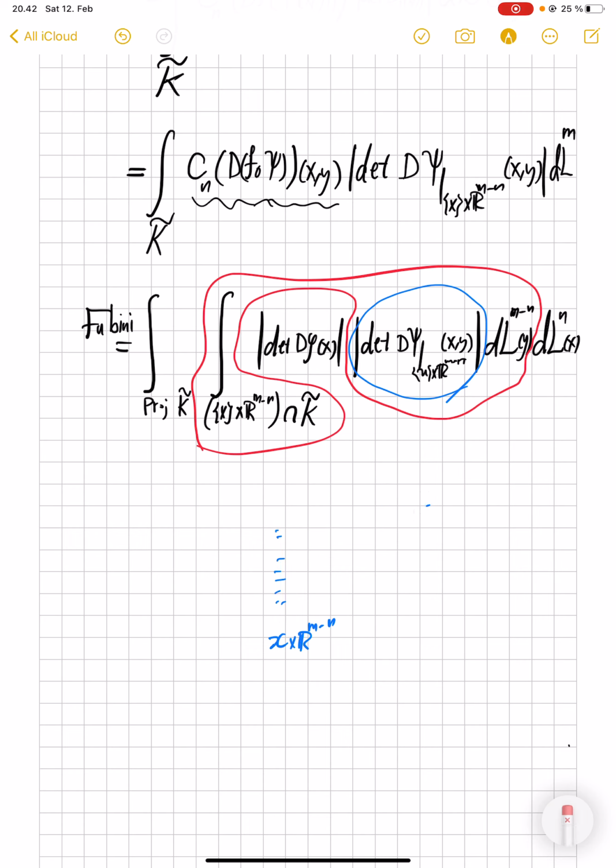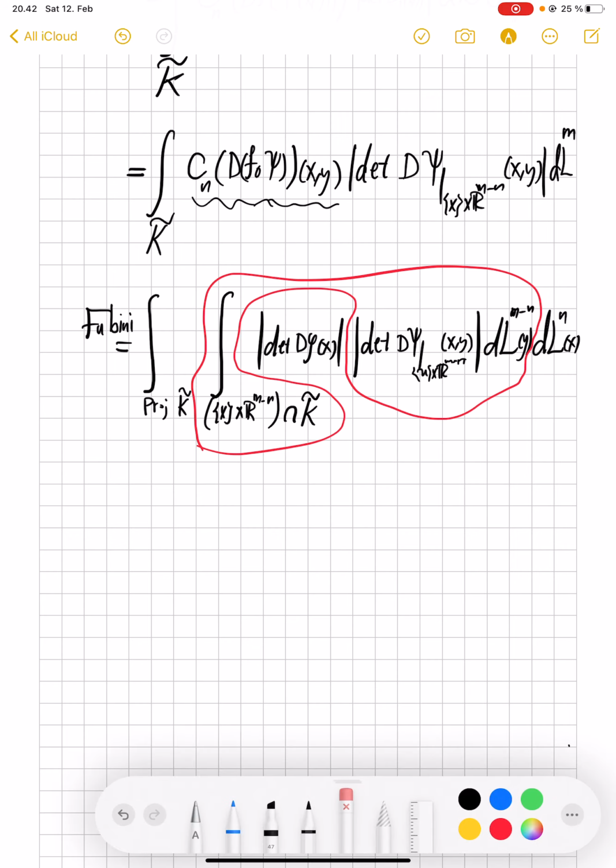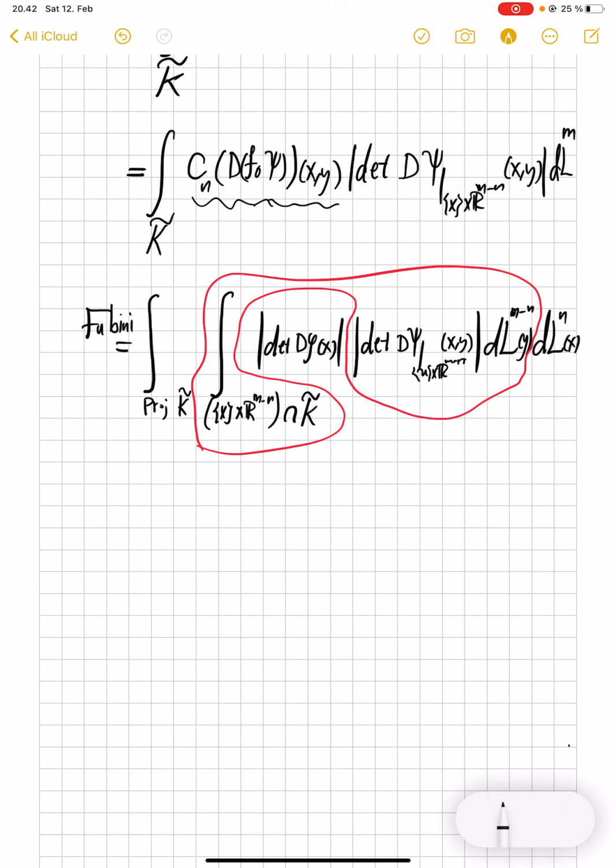And therefore, the interior integral will give me the quantity equal to, okay, so this will be projection onto k tilde, and this will give me exactly the m minus n dimensional measure of the image of psi.